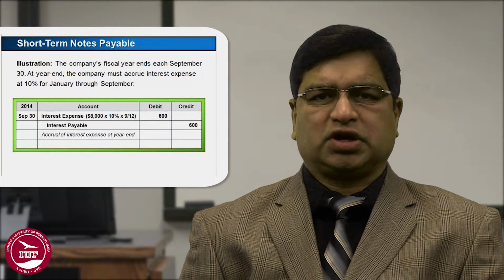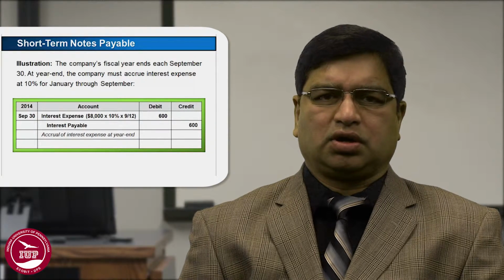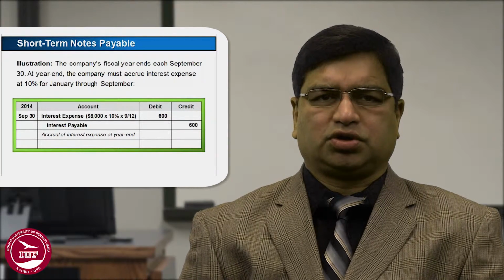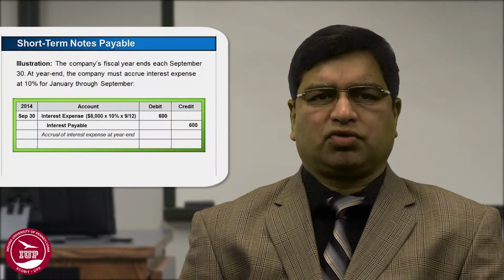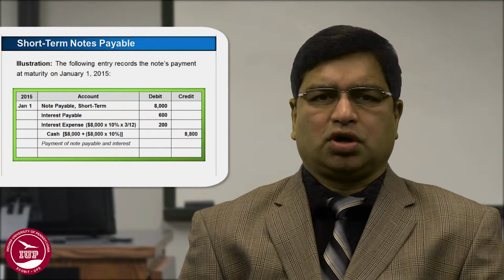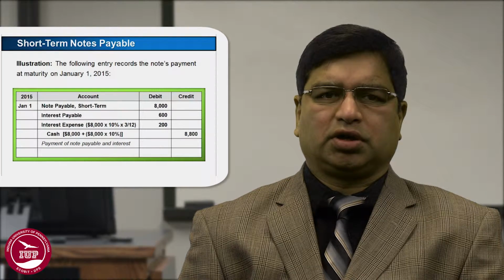Since the fiscal year is ending in September, we accrued the interest for 9 months, that is from January to September 30th. Now, after September 30th, on January 1st, when the note is due, you have the notes payable short term because you're going to pay it off, you're debiting it.